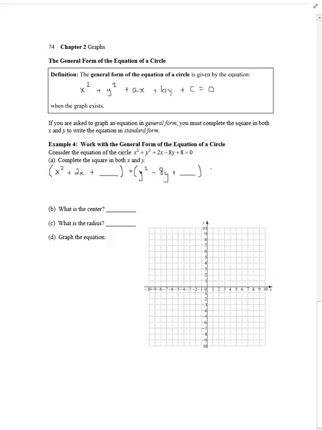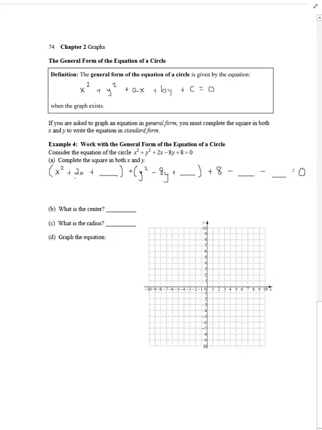Then I've got this plus 8 hanging out there. And remember, I have to subtract both those things I'm adding when I complete the square so that I don't change the problem, right?